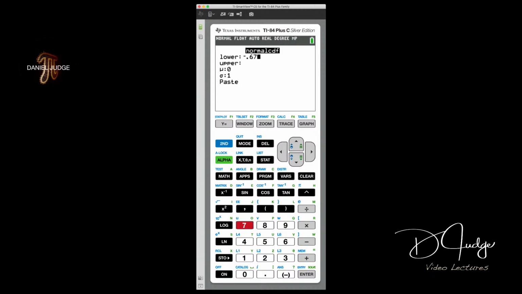So that's the lower Z value. The upper Z value in our example is 1.67. Now, notice the mean is 0. Standard deviation is 1. Oh, I guess they're talking about the standard normal. They are. So you can just simply paste this, press enter again.